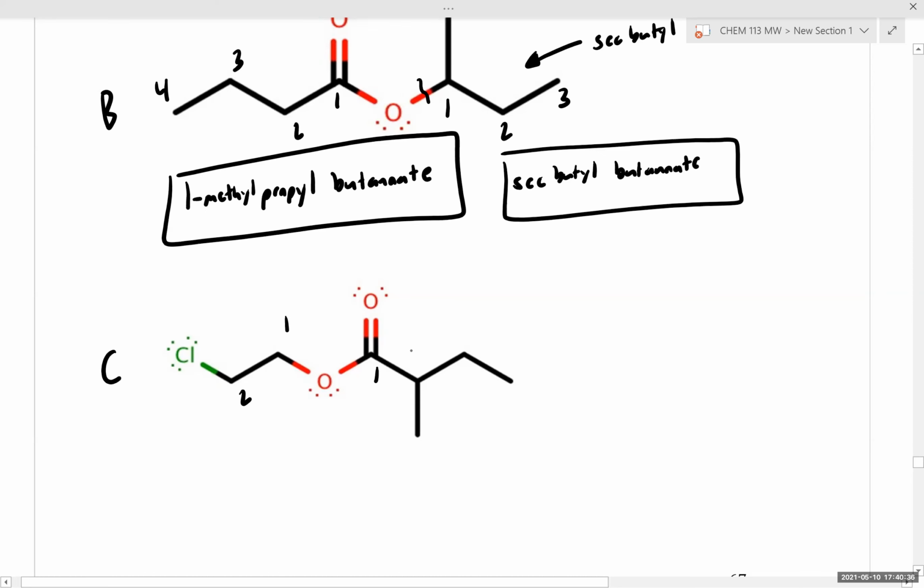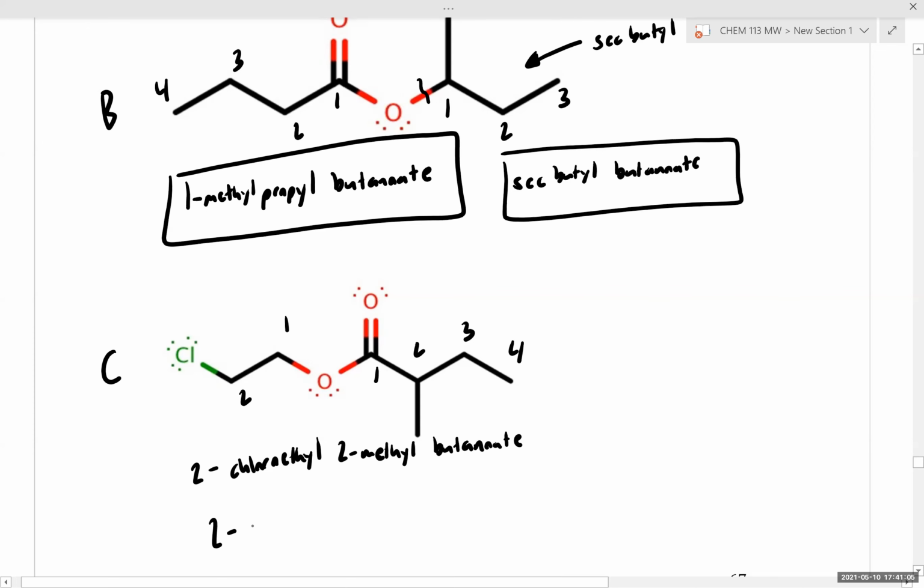So adding in our numbers, remember the carbonyl carbon is assigned carbon 1 and the carbon attached to the alcohol is assigned carbon 1. So we have many proposed names. One name that sticks out is 2-chloroethyl, 2-methyl, and this is a 4-carbon chain, so this is butanoate.